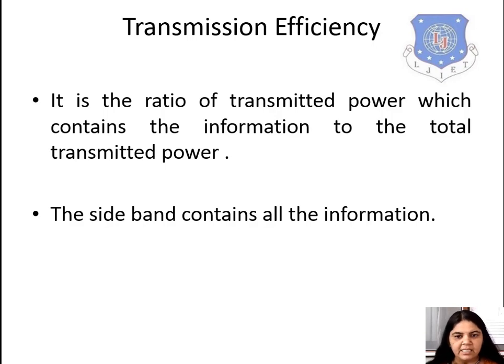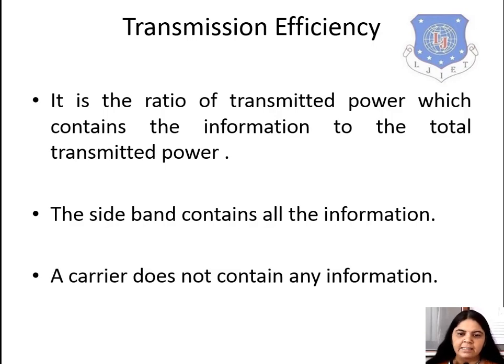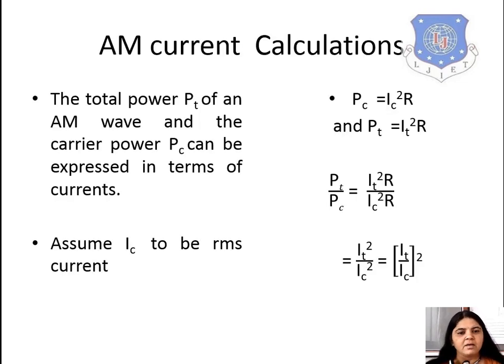The sidebands contain information and the carrier does not contain any information. That is why in the equation we are not involving the value of PC, because while you are transmitting the information, the transmission efficiency is the ratio of the total information to the total transmitted power. So this was about the AM power calculations.